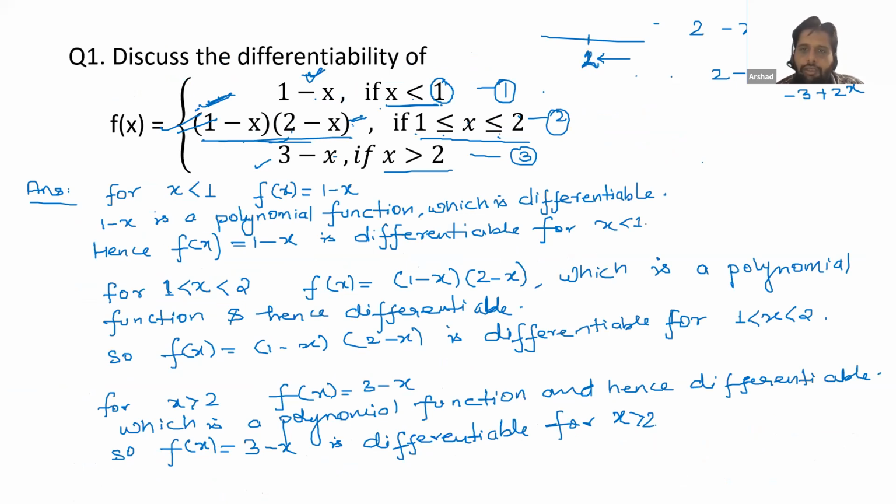If you are finding the LHD, that means you are approaching from the left side, slightly less than 2. Then which function will we use, second or third? Second one, very good. So Umair, Fahad and Rifat, please complete it and share your answer.